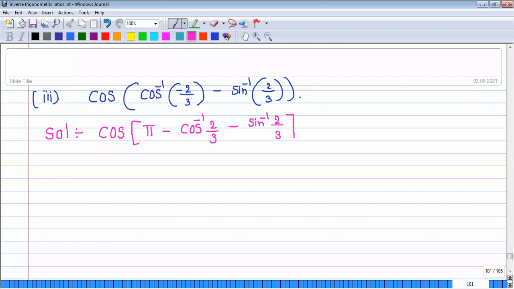And one more thing, from cos inverse 2 by 3, sine inverse 2 by 3, let us take minus comma out. So that we can have cos of pi minus, so this we can write sine inverse 2 by 3 plus cos inverse 2 by 3.